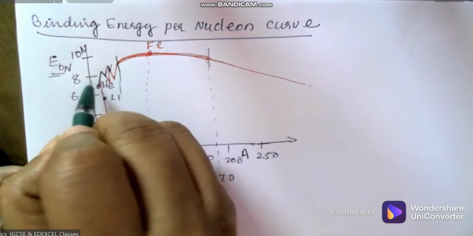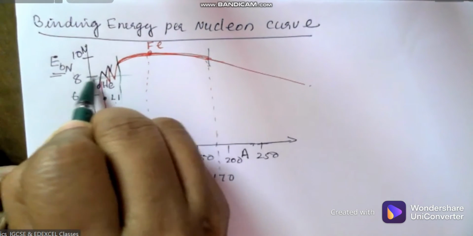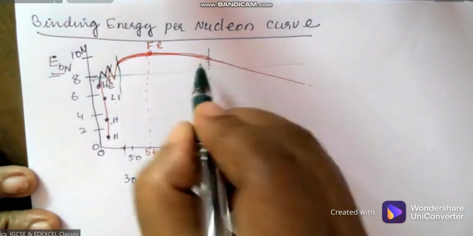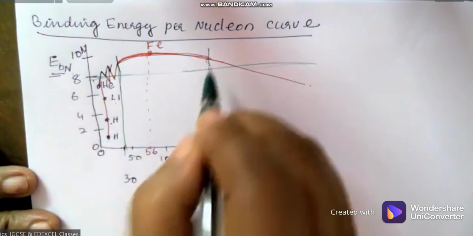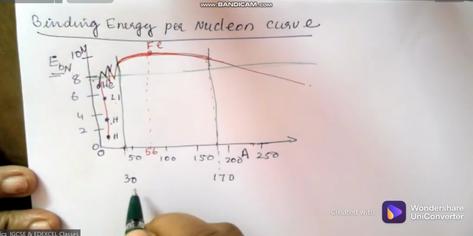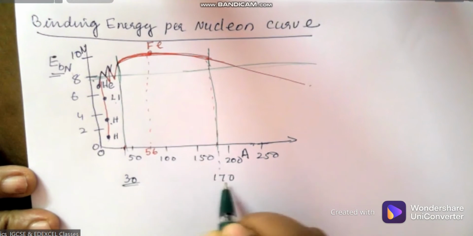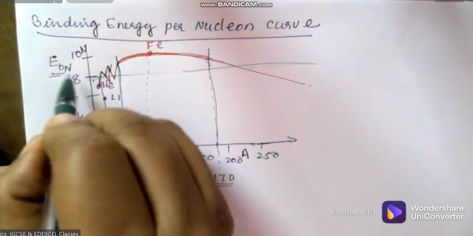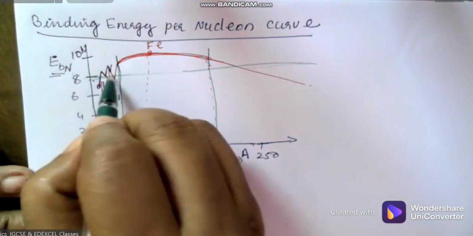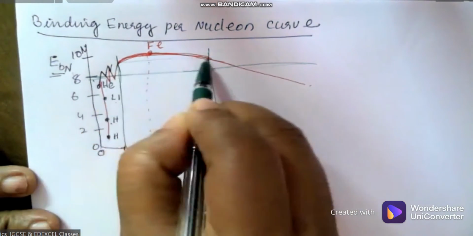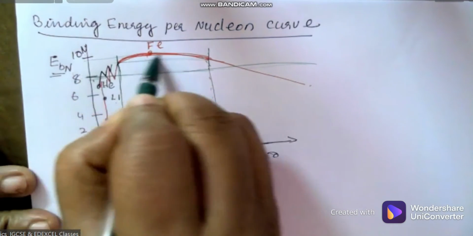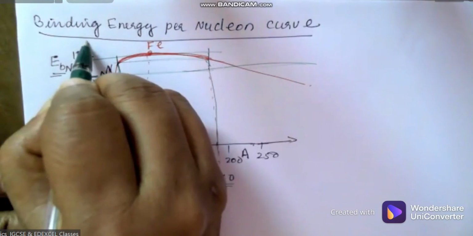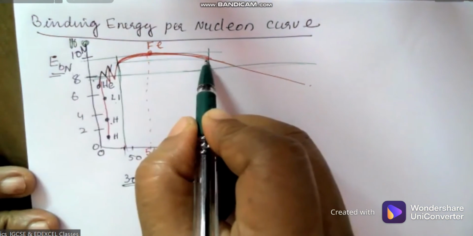See, look here. If you draw a number between 8. So from this one, most of the elements with the mass number 30 to 170 have a binding energy of almost 8. That means in this range, 8 to 10. Okay, 8, 9 like this. But 10 is somewhere here, for example. So this is very important.